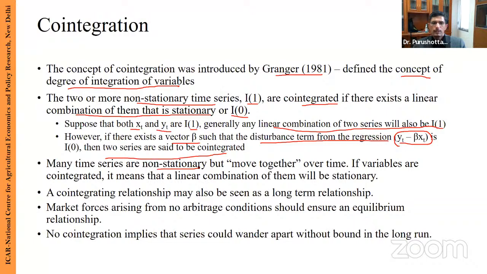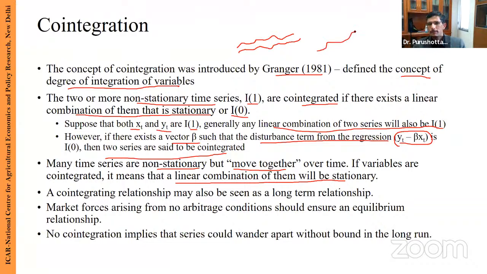Many time series are non-stationary, but they move together. Or what we say is the co-movement of the two time series over time. If variables are co-integrated, it means a linear combination of them will be stationary. They will not drift apart, maybe like this. So there is a co-movement of the prices.